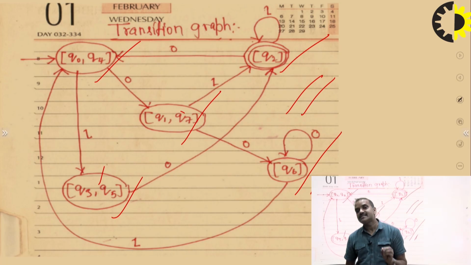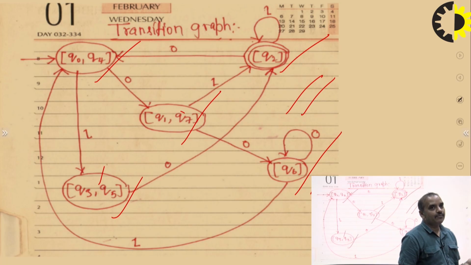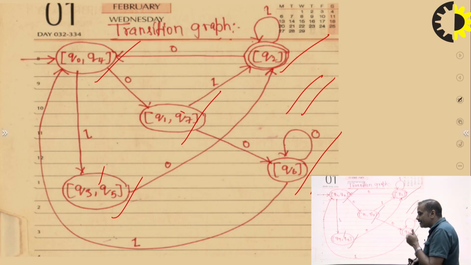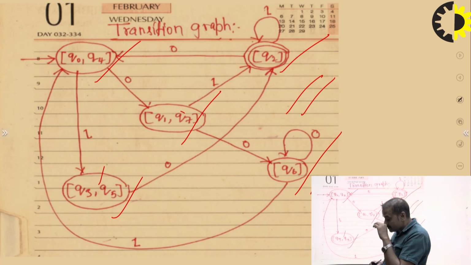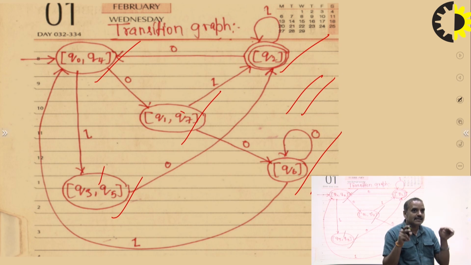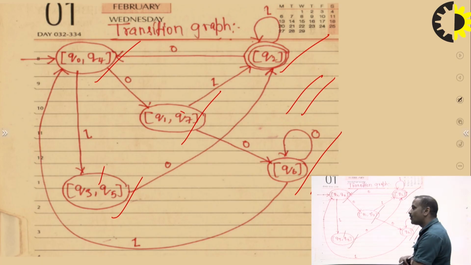For a present state, Q0, we have to check input 0 and we have to check input 1. If for both inputs the pair of states lies in the same brace, then we can say that these states are okay, otherwise not okay.